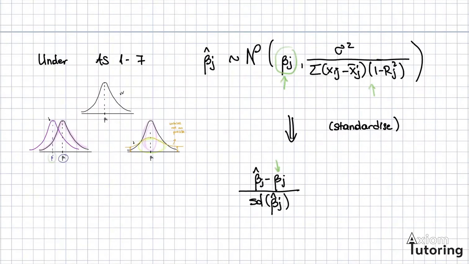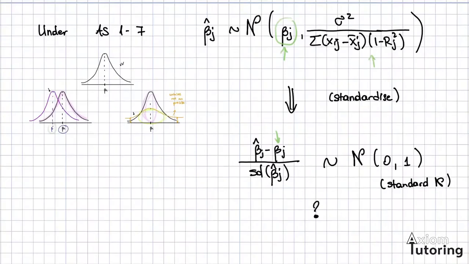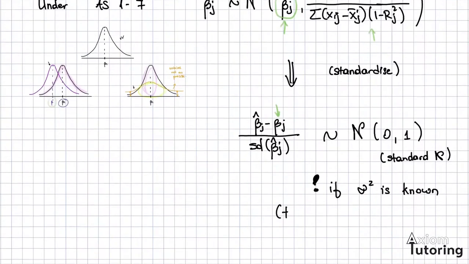Now, this statistic will be normally distributed with a mean of 0 and a variance of 1. So we are standardizing, which means from a normal distribution we are now getting to a standard normal distribution. Also, one thing to highlight is that this will be the case if the sigma square is known. And this is the foundation of z-tests.